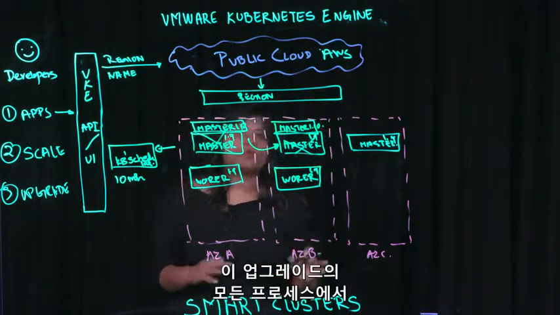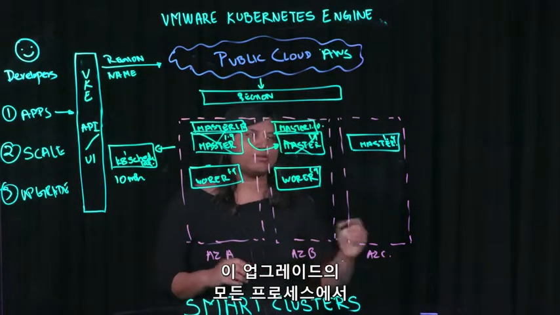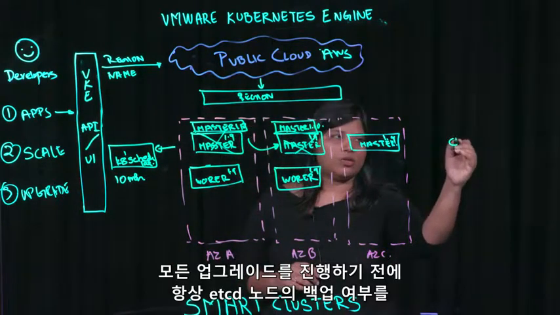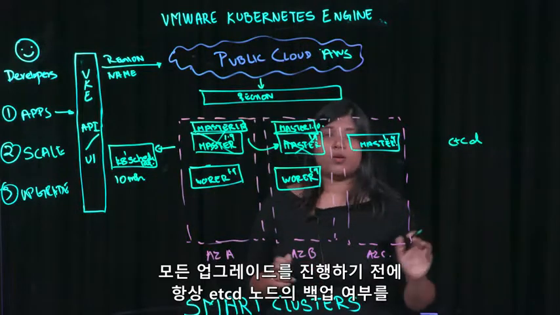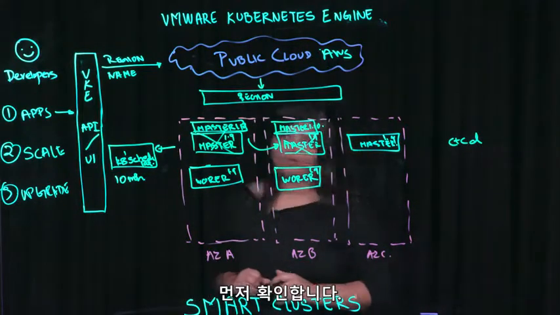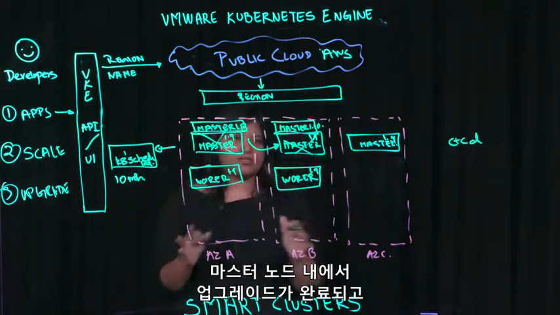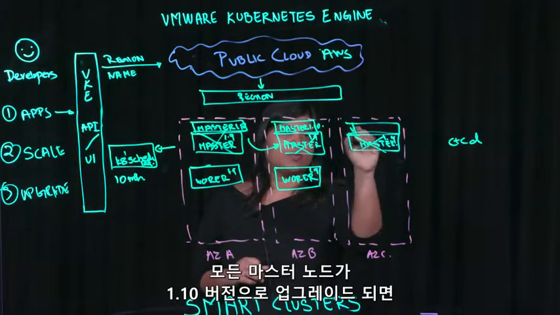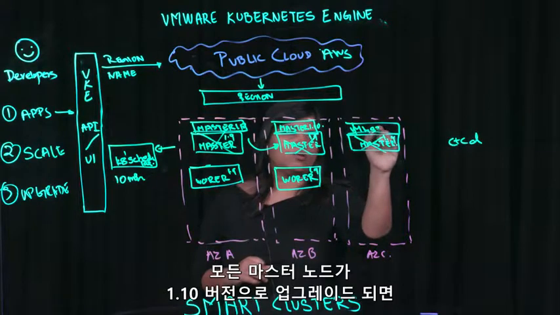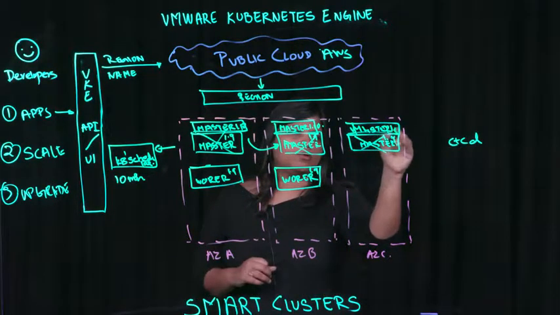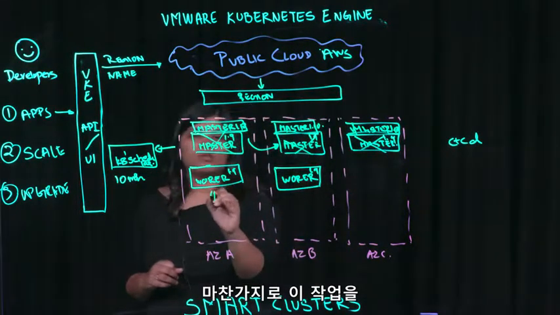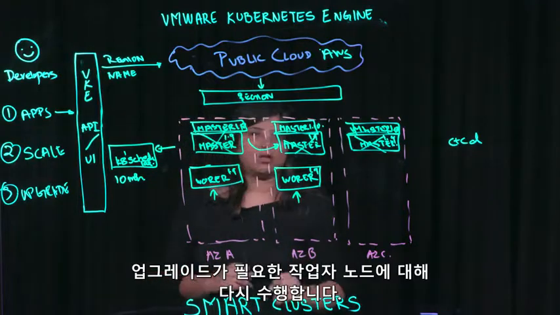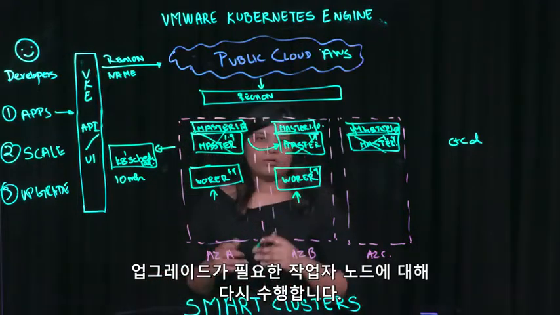At all points during the upgrade process, it will make sure all the etcd nodes are backed up before doing any upgrade. Once all the master nodes have been upgraded to version 1.10, it will do the same for the worker nodes.